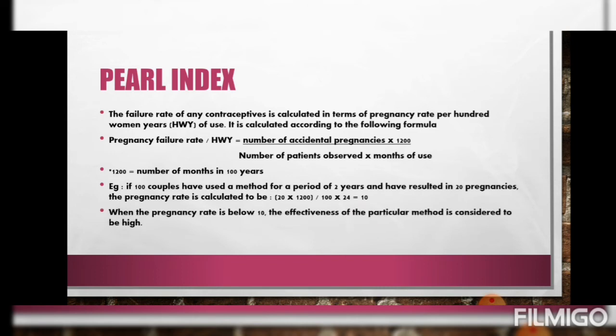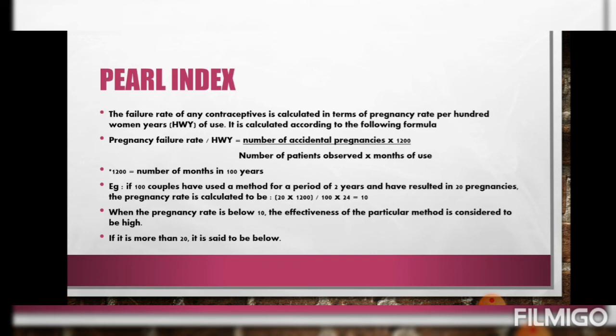So when the pregnancy rate is below 10, 10 is optimum. When the pregnancy rate is below 10, the effectiveness of the particular method is considered to be high. Okay, and if it is more than 20, it is said to be low. That means if the pregnancy rate, now here it is 10, so if it is 8, 5, or 4, something like that, it is very successful.